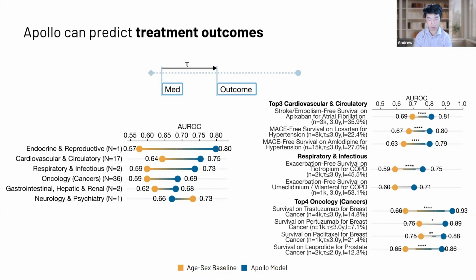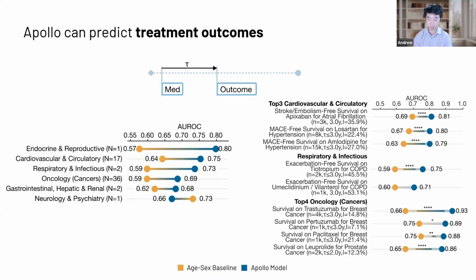Death is one of the more reliably structured codes. So we can basically try to predict survival, how long a patient would survive on this medication at the time of their first administration.